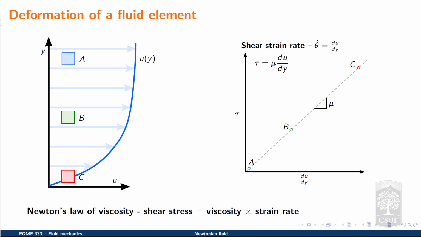So for a Newtonian fluid, which follows Newton's law of viscosity, the shear stress tau is equal to the fluid dynamic viscosity mu times the shear strain rate du dy. Any fluids that do not follow this behavior are what we often refer to as non-Newtonian fluids.